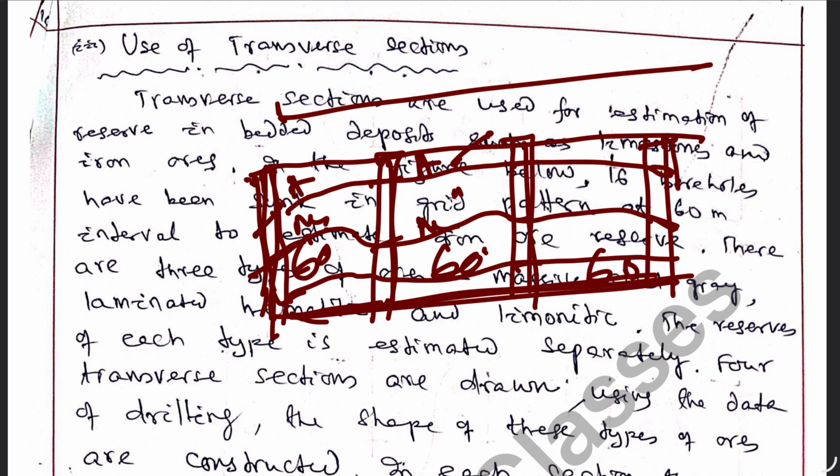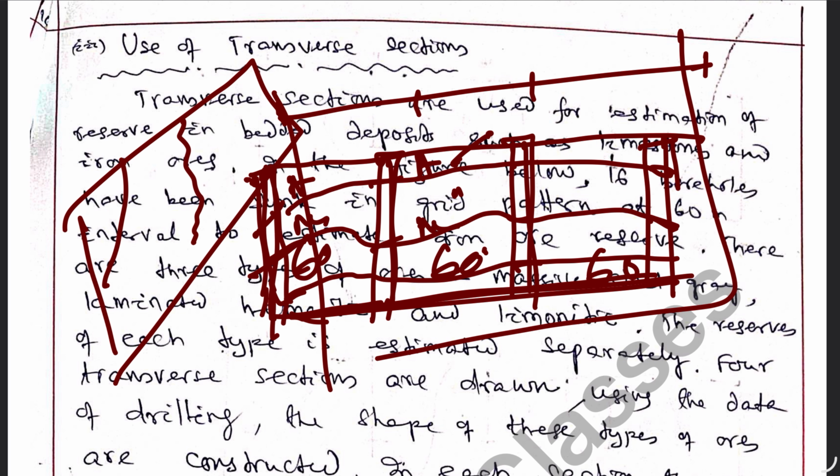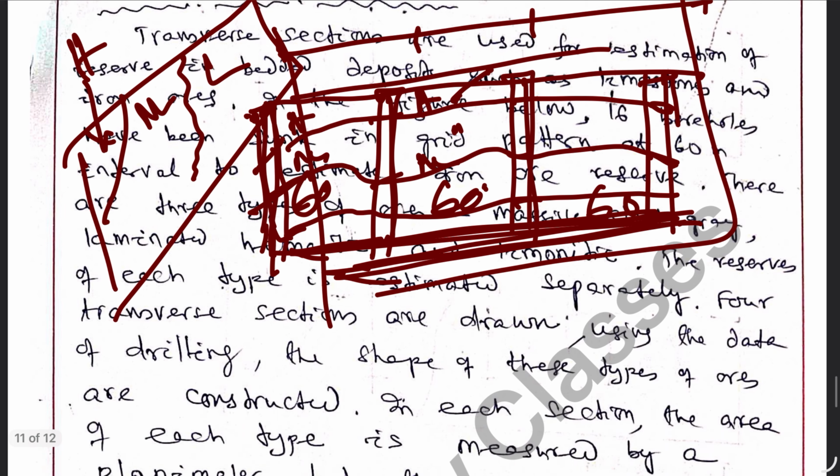In a particular line, we have four boreholes, and the transverse section is like this. This is one type of deposit, let us say high grade, this is medium grade, this is low grade. So this is a transverse section in one line.